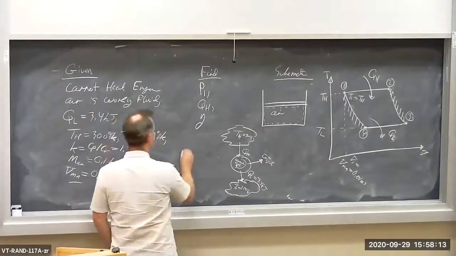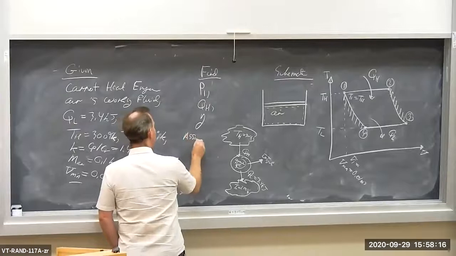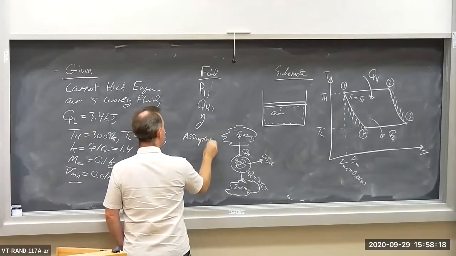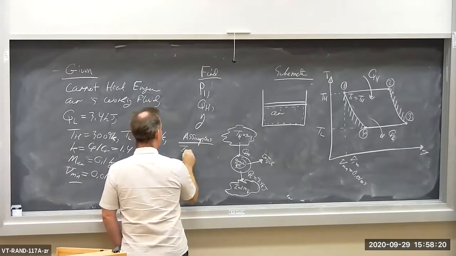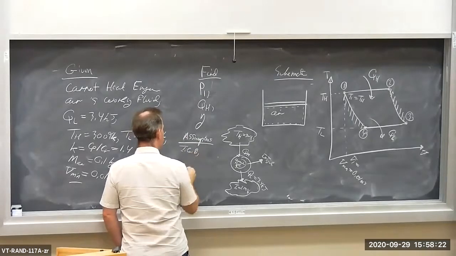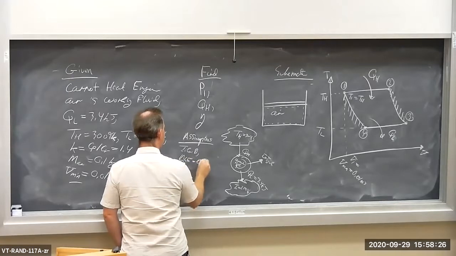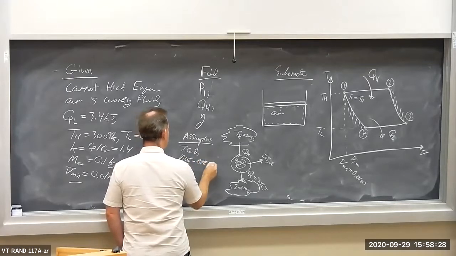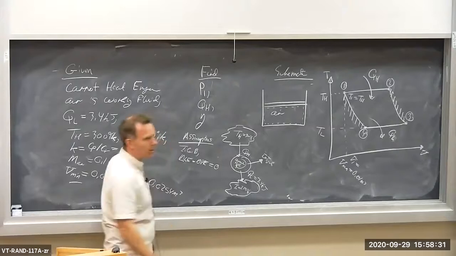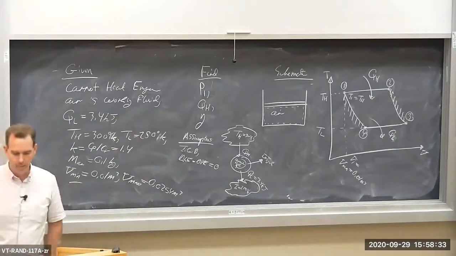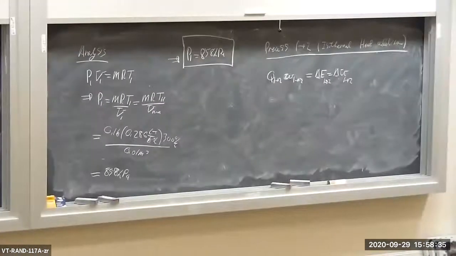Assumptions: ideal gas, and delta KE equals delta PE equals zero. No changes in kinetic and potential energy for any of the calculations over any of the processes, okay?